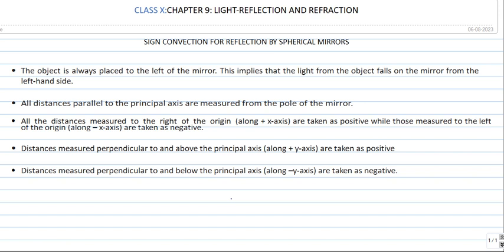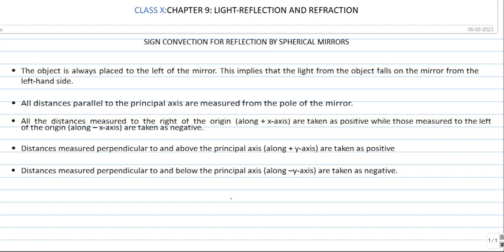Here we will see the main concept we should know for solving problems in this chapter. These 5 points given here are the new Cartesian sign conventions. So we will go through these sign conventions for reflection by spherical mirrors.